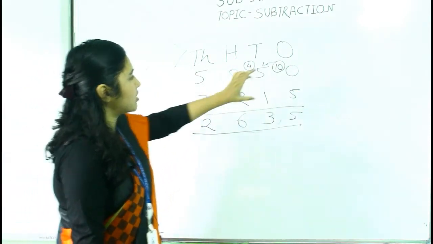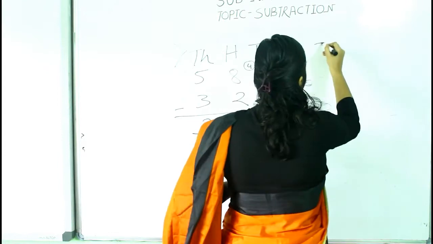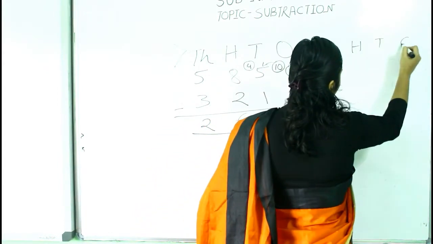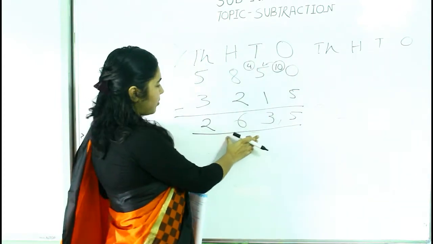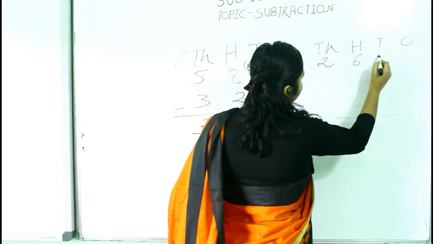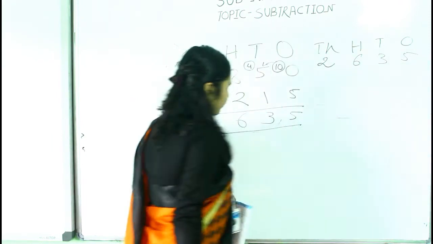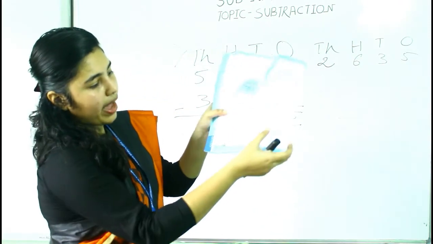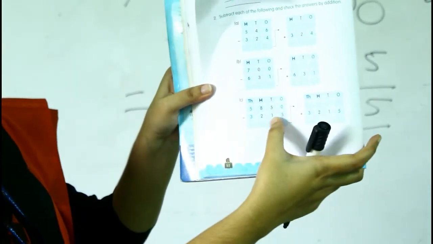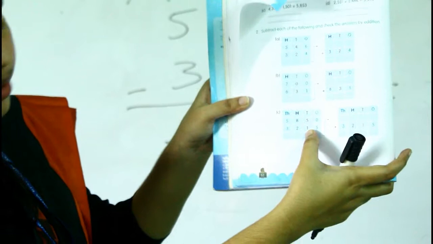Now take this difference here. Again up to thousands place: thousand, hundred, tens, ones. Now take this number here, 2635. Now add with 3215, which is nothing but the smaller number.